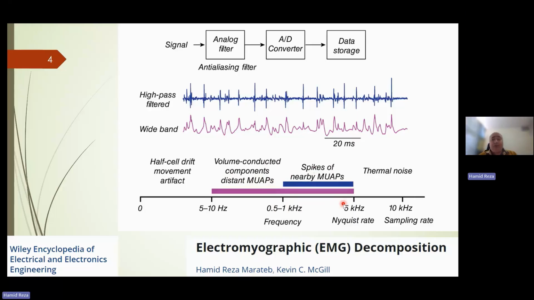It is important to mention that we also have thermal noise all over the place. So when we get rid of this part, we not only get rid of the action potentials of far motor units, we also reduce the amount of the energy of the thermal noise. This is what we do before doing any processing, which is called pre-processing or signal conditioning.